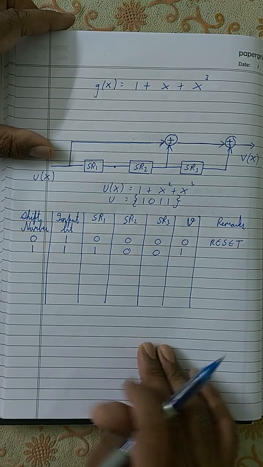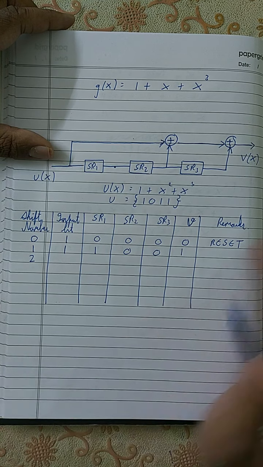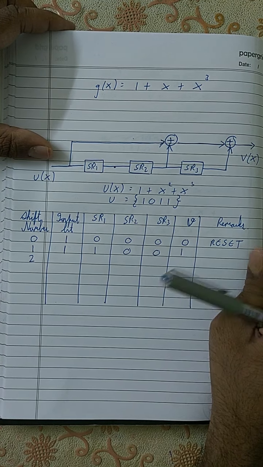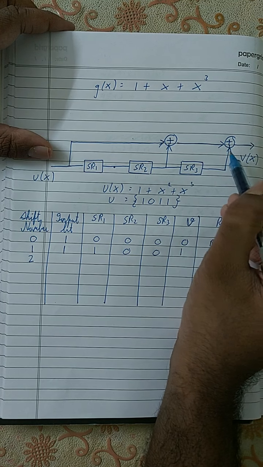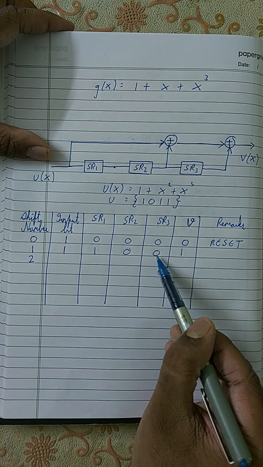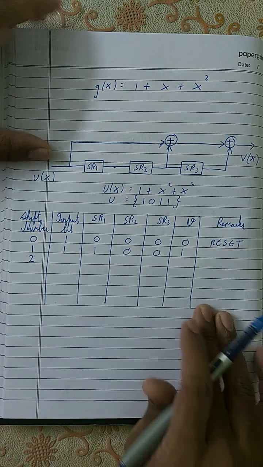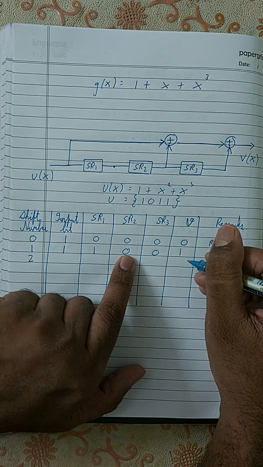This is the operation. Now at the second shift cycle, I'm going to calculate the output, by simply adding SR3 plus SR2 plus input bit. So what is SR3? 0. SR2 is also 0, and the input bit is 1.